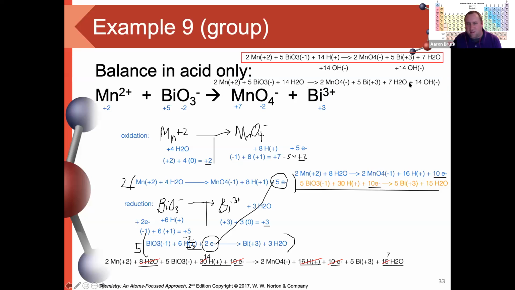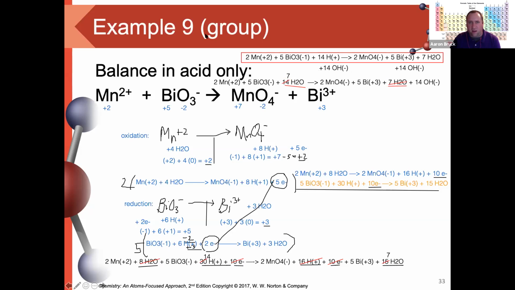And the second thing it's going to do is create another situation where we have to cancel because I'm going to have waters on each side. So these 7 waters negate 7 of those waters.